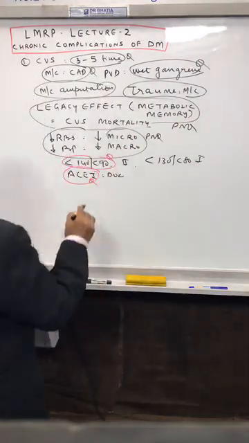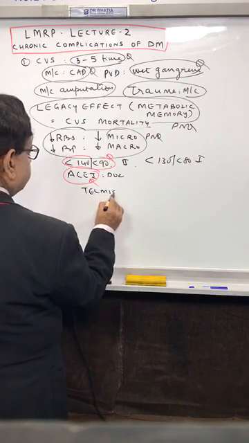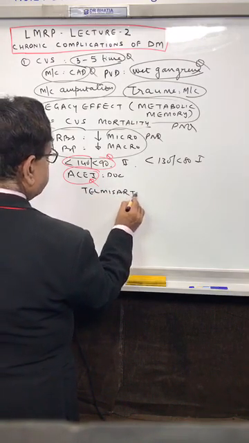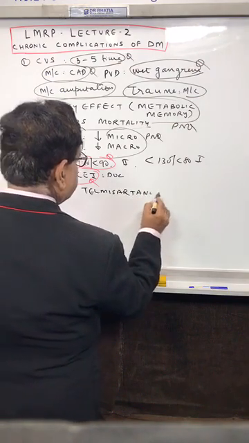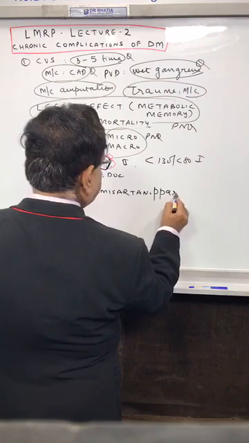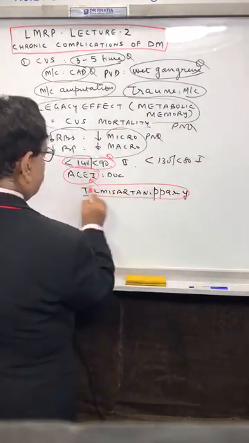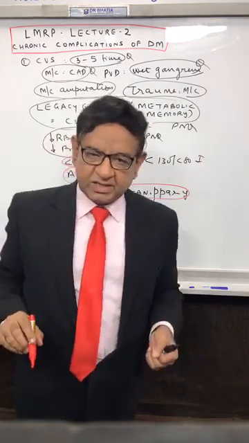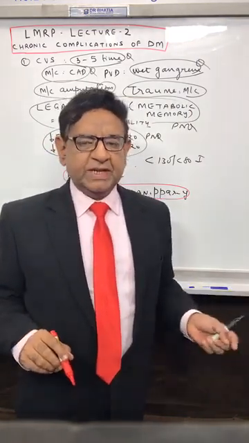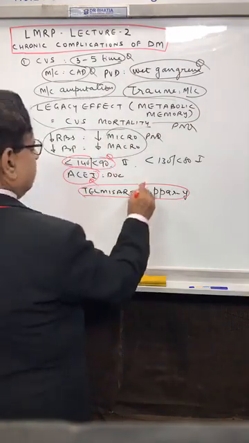Now we have one drug, telmisartan. It's an ARB, but it also acts on the PPAR gamma receptor. This point is not given in the latest Harrison also, but this question came in May 2016, so it is the latest question.